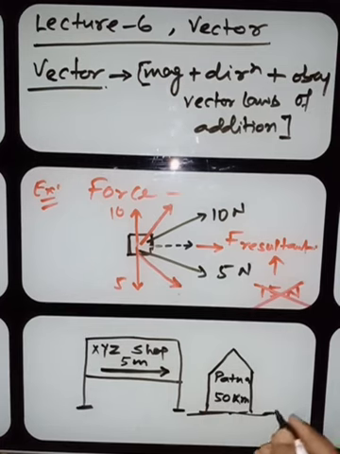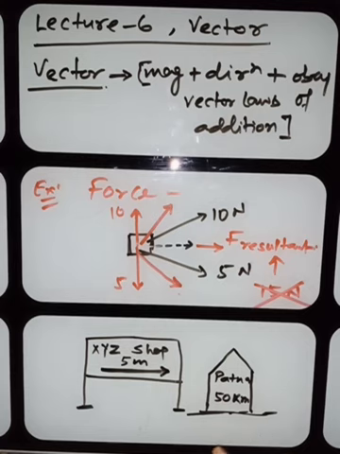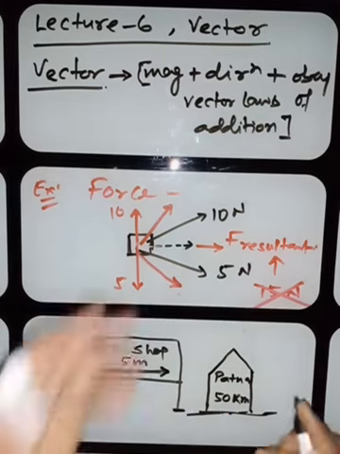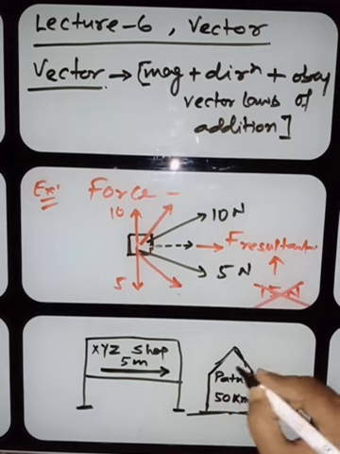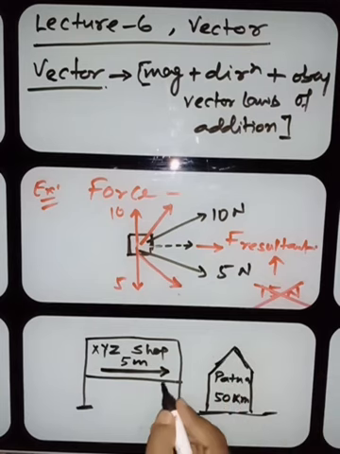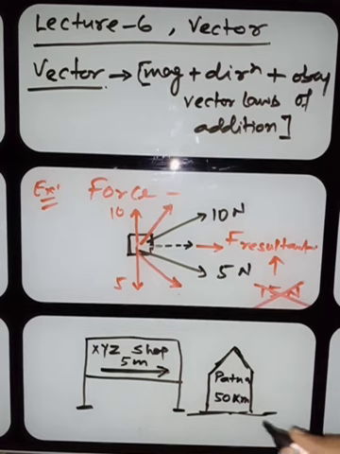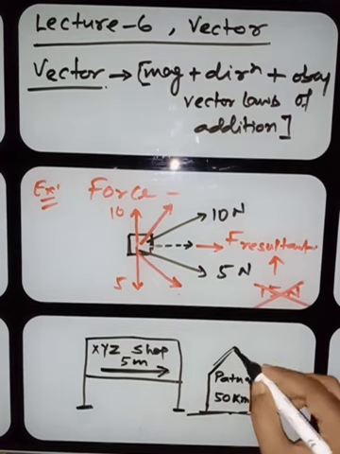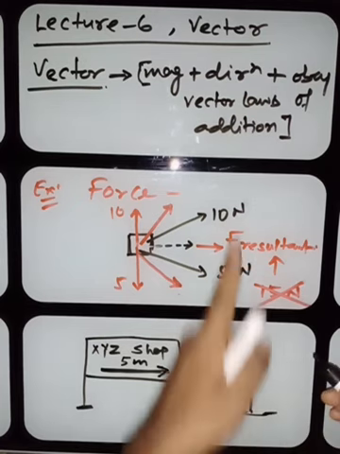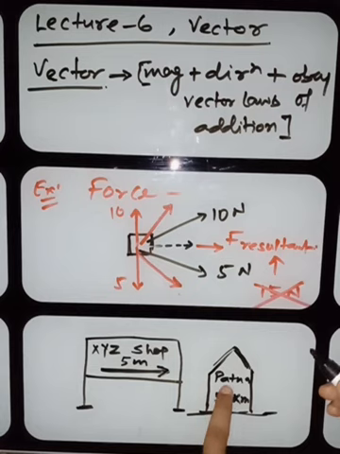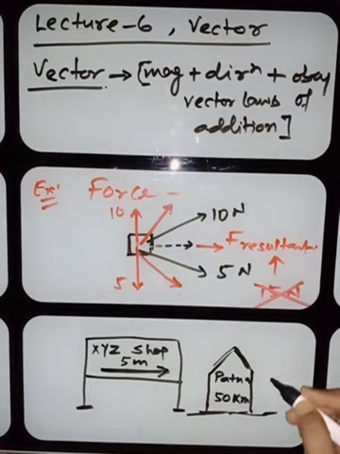What does it mean? If the signboard is placed on the left side across the road, it means you have to go in this direction. Actually, this is giving you the direction. Remember, you will go in this direction 50 kilometer, you will reach Patna.